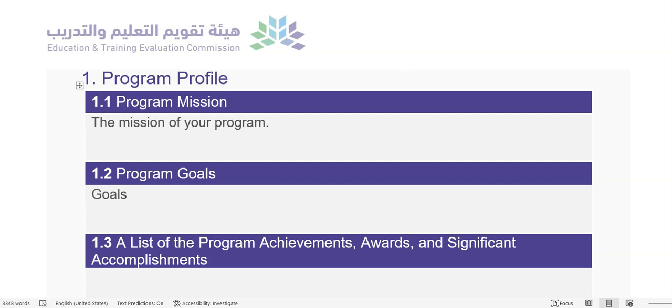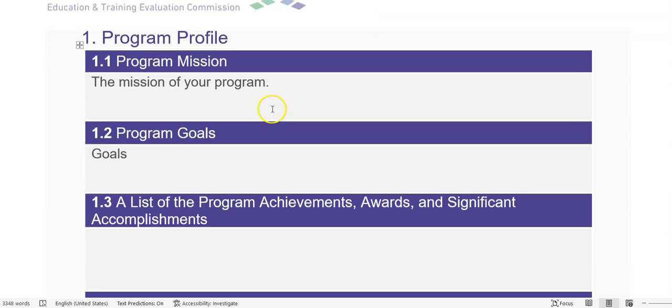It is important that your mission and goals cover educational and what we call operational goals, not only educational goals about the graduates and their skills. Also, you need to include something related to the faculty research and community service of faculty members of the program.